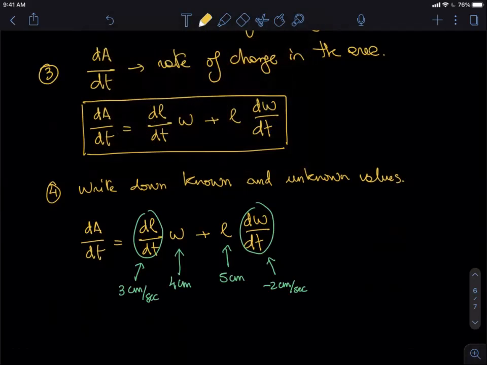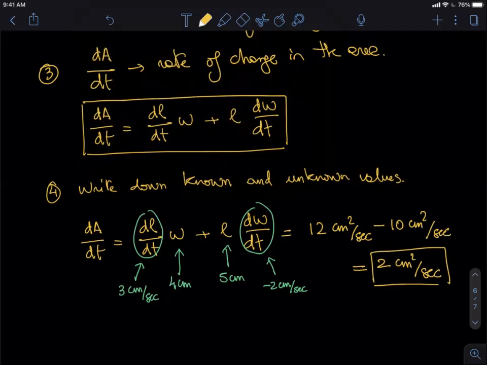So actually this is very straightforward because we have all the information here. So we have 3 times 4 makes 12 centimeters squared per second, okay, because it's a change in area, minus 10 centimeters squared per second. So overall it is 2 centimeters squared per second.